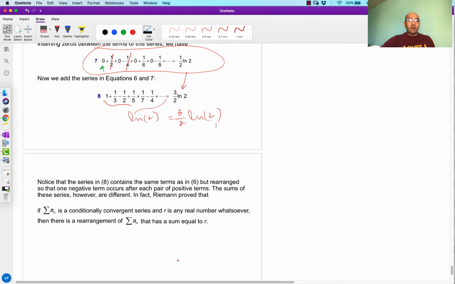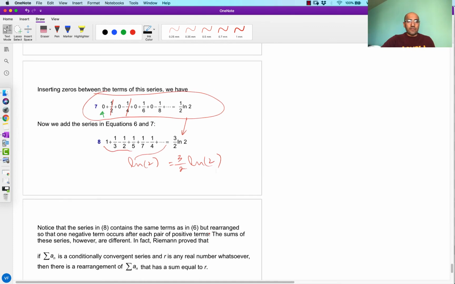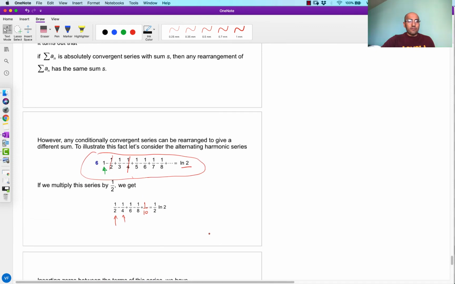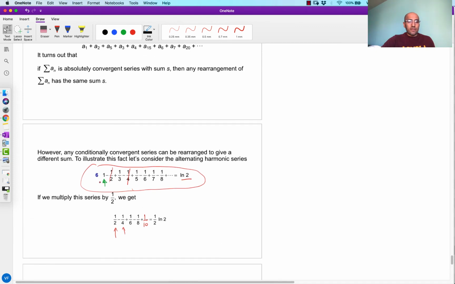Okay, so that's a pretty powerful statement. That if we have a conditionally convergent series, such as this one, the alternating harmonic series, you can make it equal to anything you want, any real number, as long as you think of some appropriate way to rearrange the order of these guys. That's what that's saying.